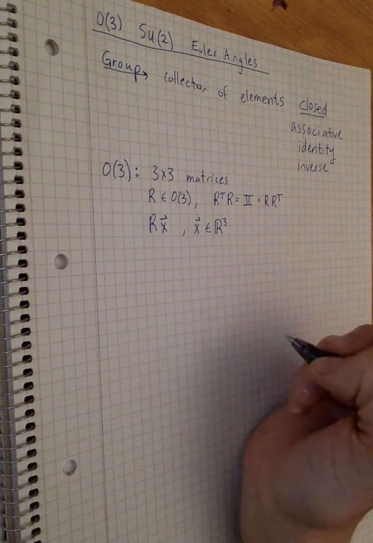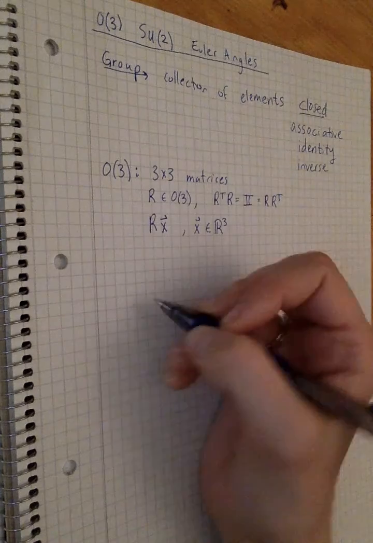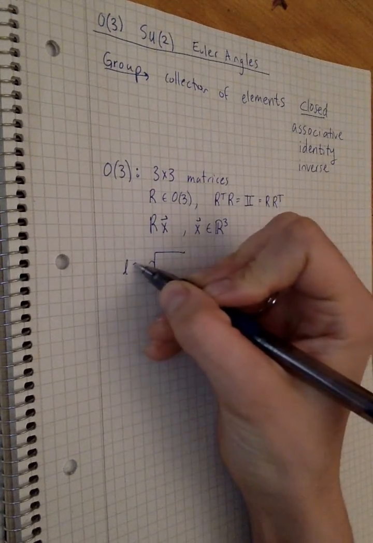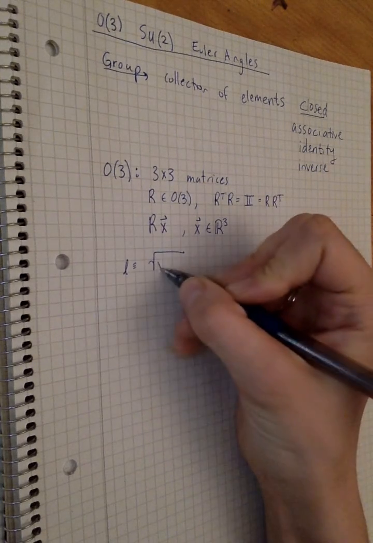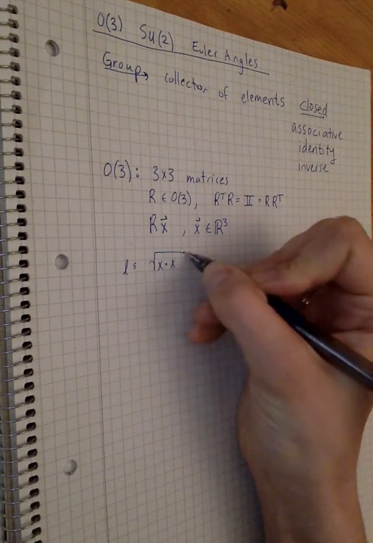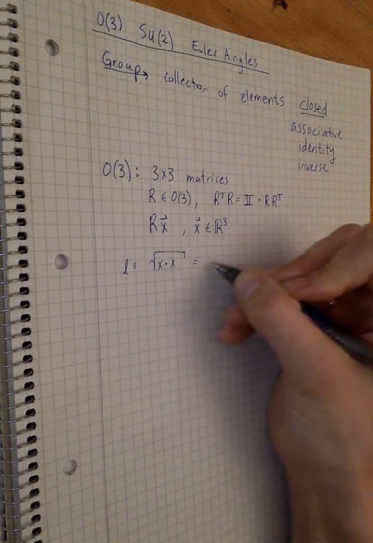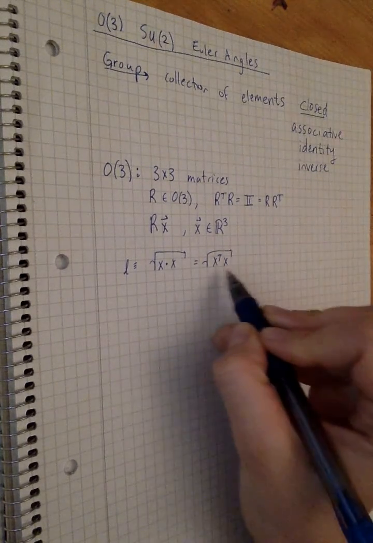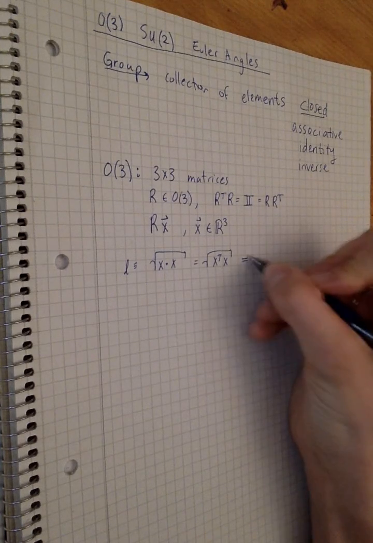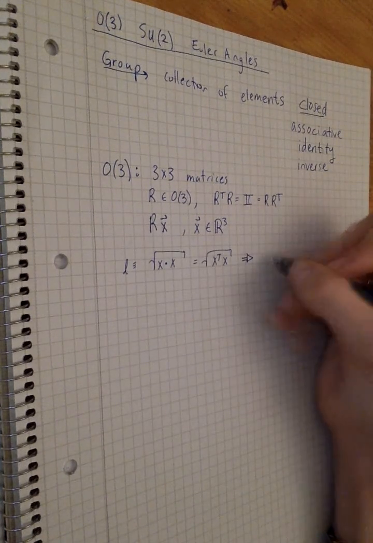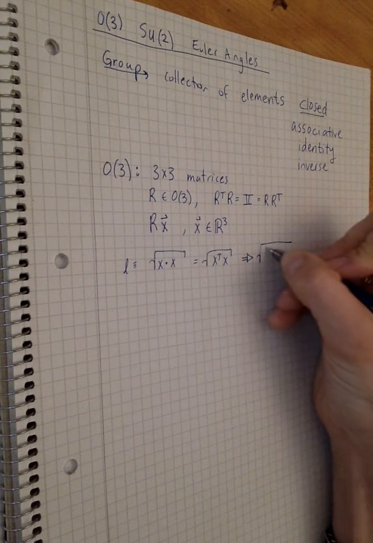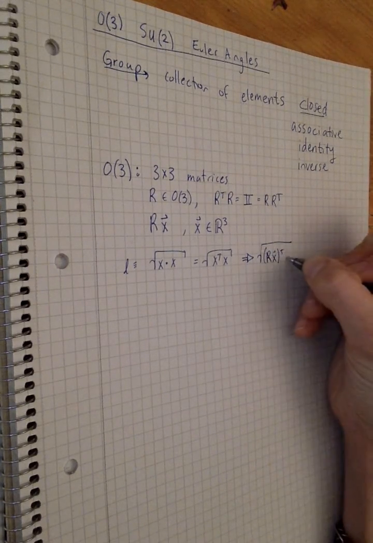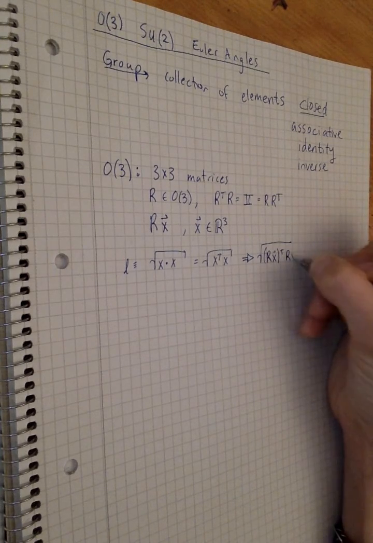What it means to be length preserving is, so we define the length of some x to be the square root of x dot x, where that's equal to x transpose x. Now, if we act on these vectors, if we transform them with R, we get the square root of Rx transpose Rx.